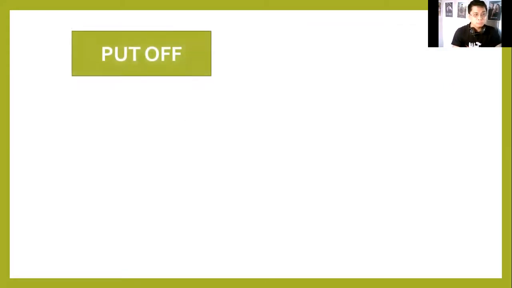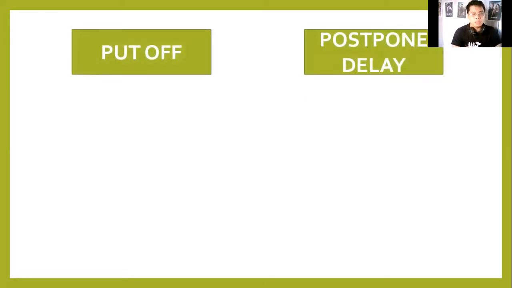Next is put off, wherein we can use two terms in replace of put off, which is informal. So we say postpone or delay. Again, that depends on the subject verb agreement and the tense of the verb.